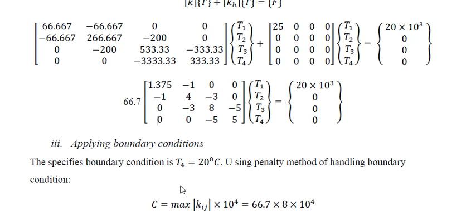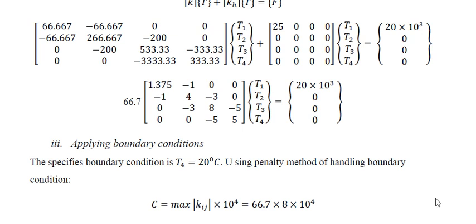So what do we do in penalty method of boundary condition? We take the largest value of stiffness matrix and multiply into 10 power 4 and add that value somewhere else. So how to add that value?